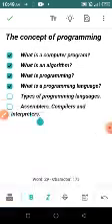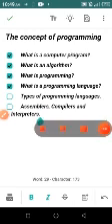Your normal characters, your normal strings are represented by just 1 0 1 0 0 0 1 and so on. Machine language is the language directly understood by a computer. That is, it does not need any conversion, any compilation, or any interpretation. It is directly understood by a computer.